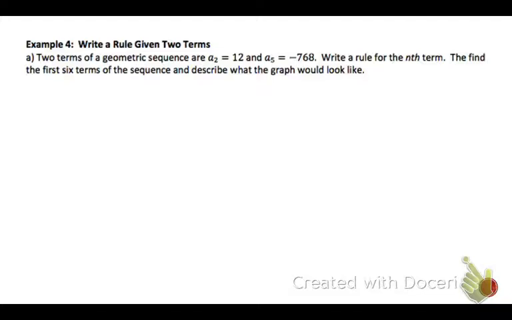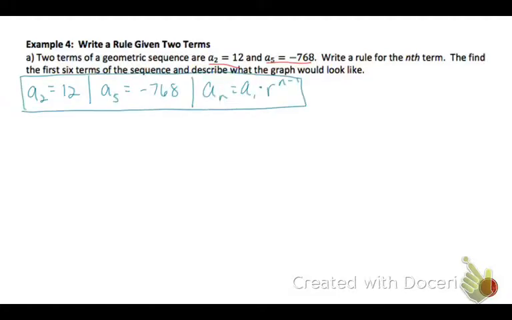So we know our second term, a sub 2, is 12, and our fifth term, a sub 5, is negative 768. And then we know our formula, a sub n, equals our first term, a sub 1, times the ratio raised to the n minus 1. So using our second term, let's set up an equation.